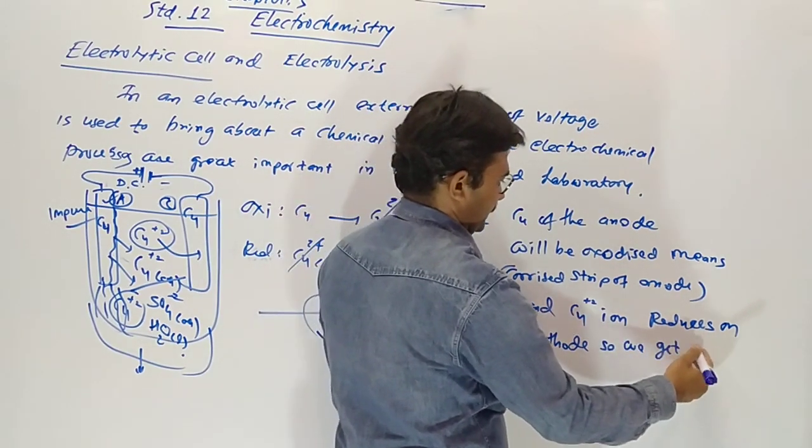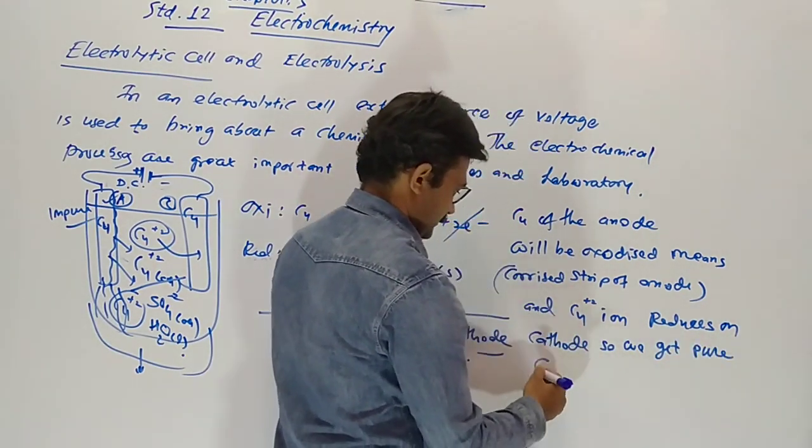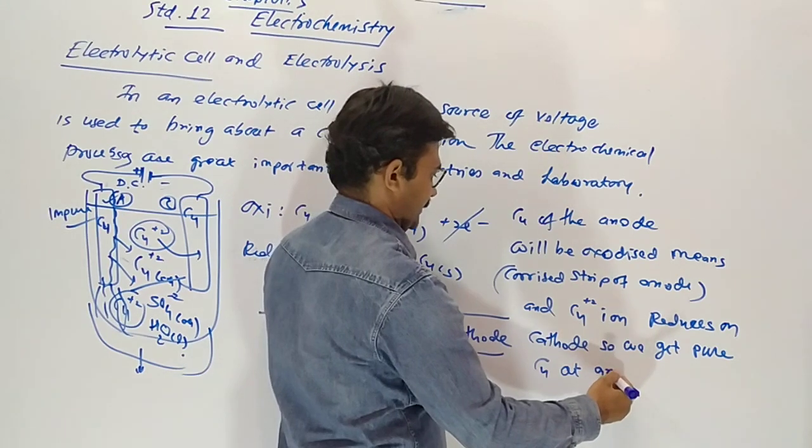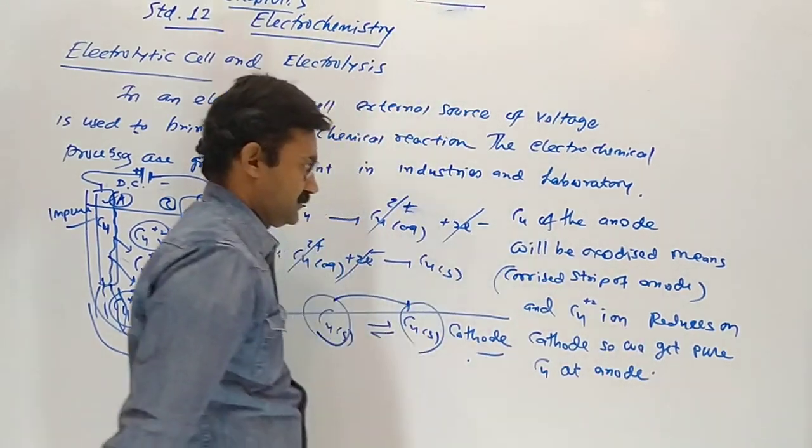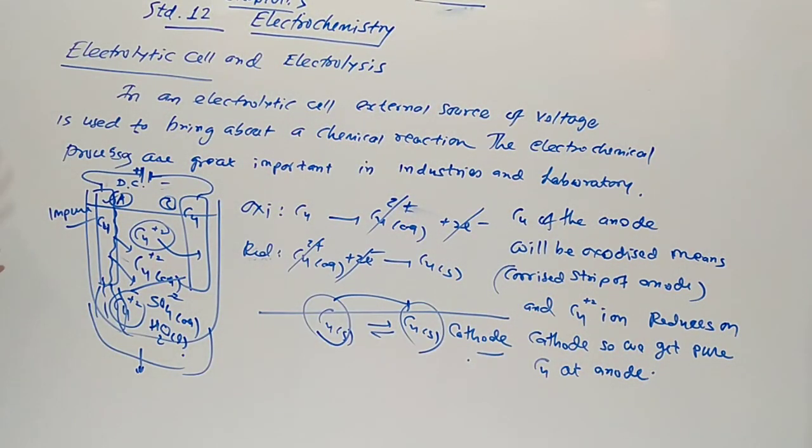So we get pure copper at the cathode. This use of the electrolytic cell is purification. High purity copper we can derive.